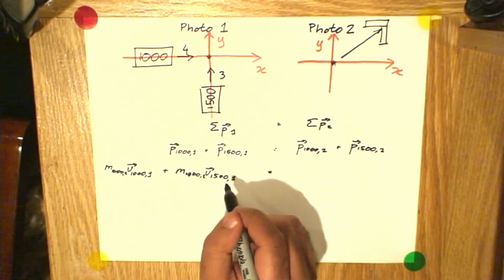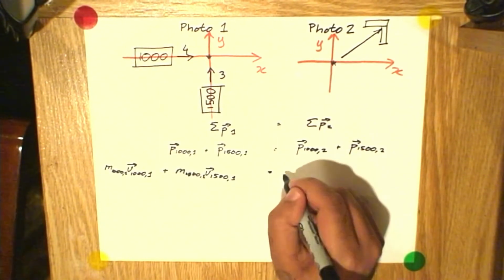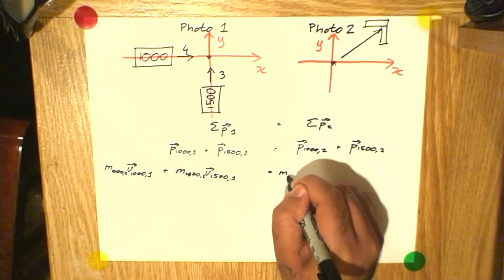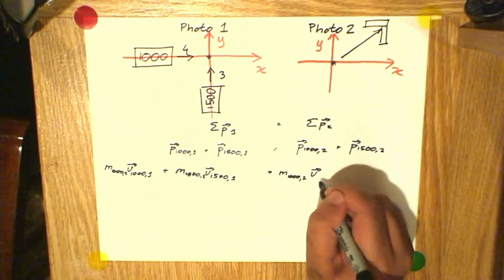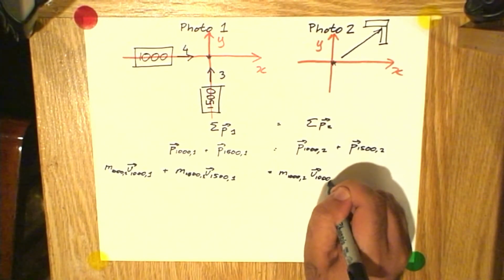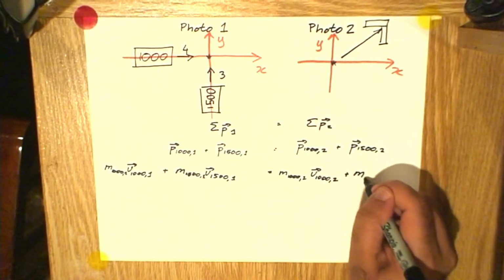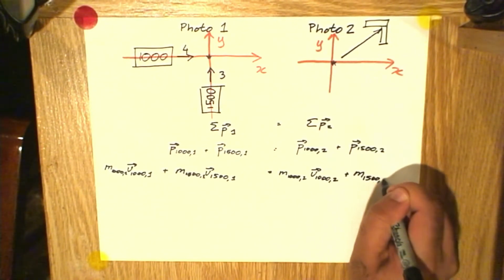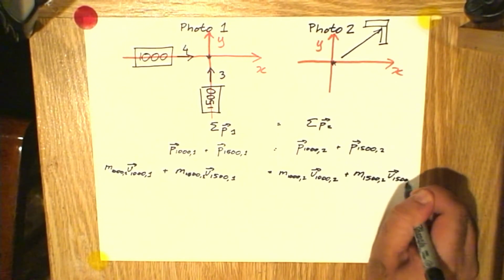It's not really important over here since the masses of the objects aren't changing. But in any event, let's keep going. The mass of the 1,000 in photo 2 times the velocity of the 1,000 in photo 2 plus the mass of the 1,500 in photo 2 times the velocity of the 1,500 in photo 2.